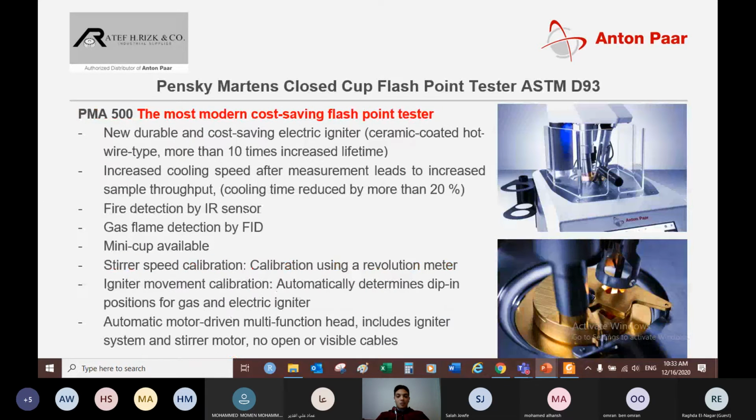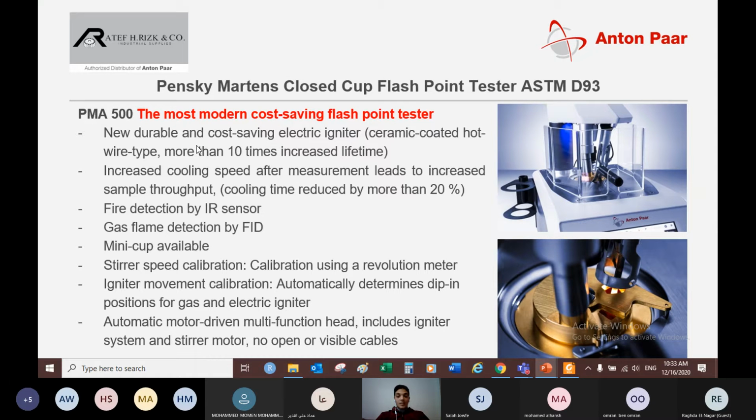And I wanted to end with the most modern cost-saving flashpoint tester in the world, which has been introduced recently by Anton Paar. It's a fully automatic instrument, and it also conforms to ASTM D93 for Pensky-Martens closed cup flashpoint testing. Why is it cost saving?